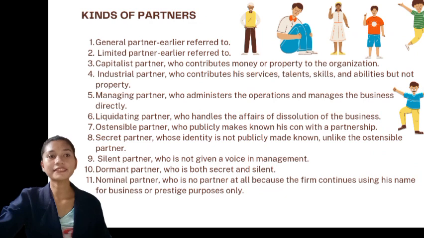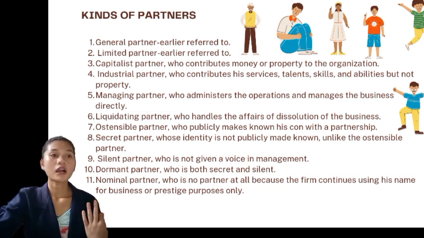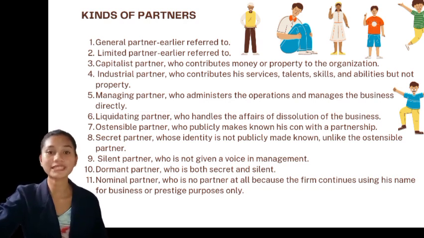So here are the kinds of partnerships. First, a general partnership, earlier referred to. And second, limited partnership, earlier referred to. Third, capitalist partner who contributes money or property to the organization.